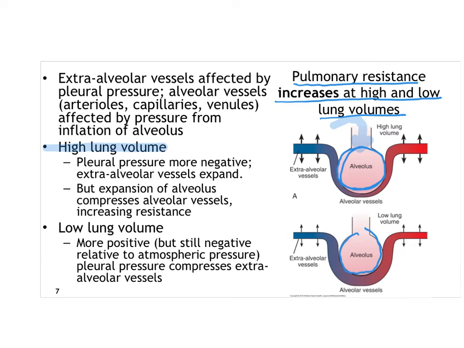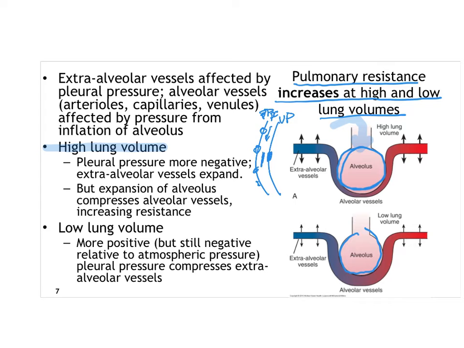That's at high lung volume, which means the pleural pressure, remember, that's the pressure sitting outside here. This would be my ribs out here, my pleural cavity here, and then this would be my visceral pleura. So this is my parietal pleura, this is my visceral pleura, and this would be my pleural cavity in here, right?